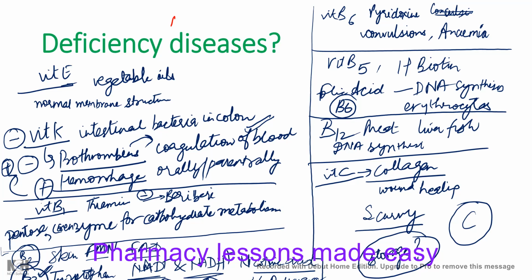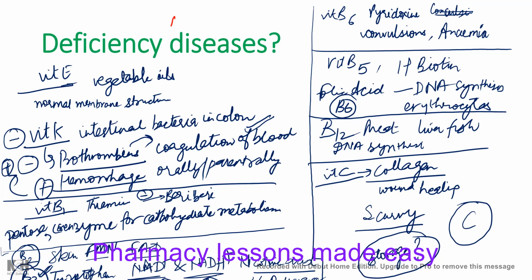For pyridoxine, pyridoxal phosphate is the coenzyme. For nicotinamide, diphosphopyridine nucleotide and triphosphopyridine nucleotide. For pantothenic acid, coenzyme A. For biotin, biotin is the name of the coenzyme. Folic acid, tetrahydrofolic acid. Cyanocobalamin, cobamide coenzyme.